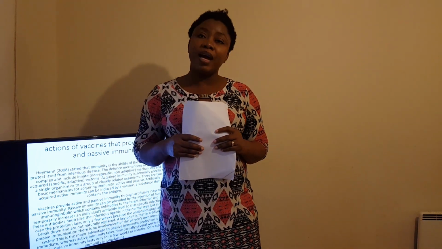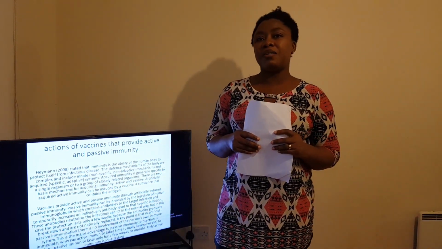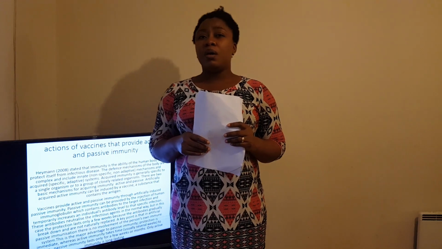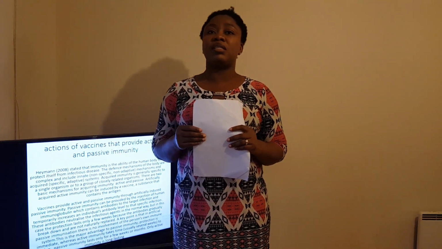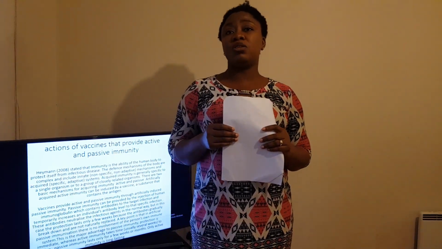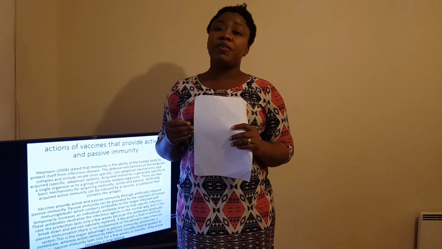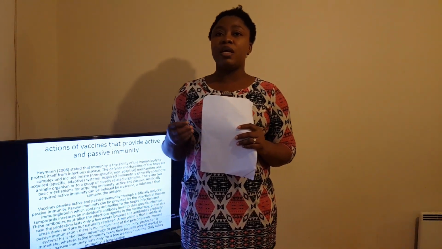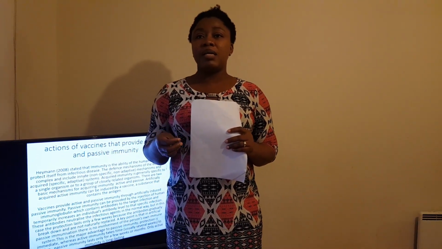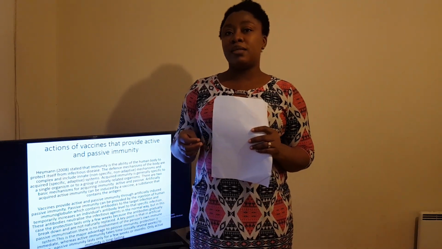And the next topic now brings me to the action of vaccines that provide active and passive immunity. Immunity is the ability of the human body to protect itself from infectious diseases. The defense mechanisms of the body are complex and include innate mechanisms and the acquired system.